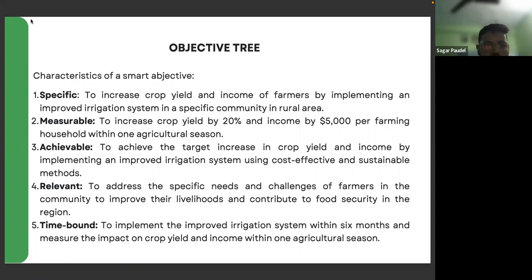Relevant, so the project must be relevant to the situation, or it must align with the need of the people. And regarding time-bound, we need to mention up to which time the project will end, or how we can improve the irrigation system. And maybe we need to mention all those times, when we will finish our objective, when we will launch, or when we will start. So this is all about the objective.